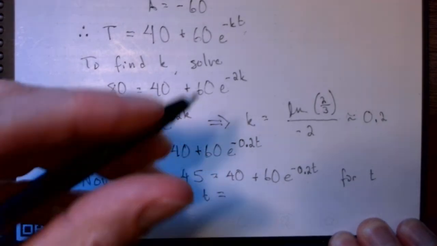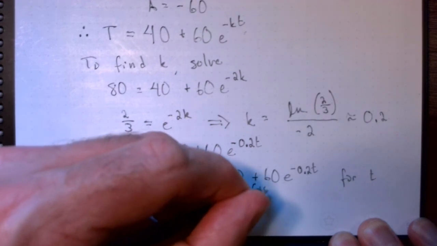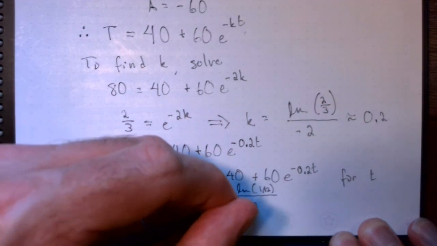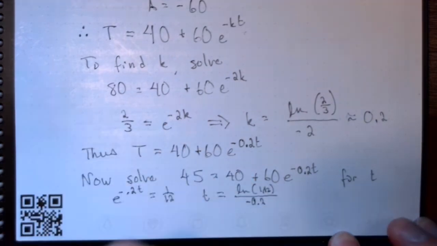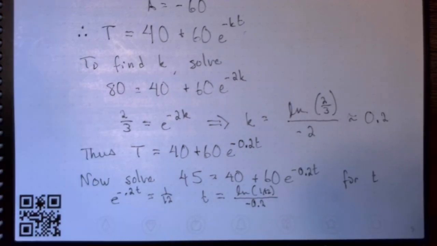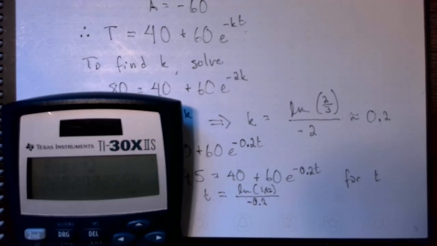And then we'll use logs. ln 1/12 divided by negative 0.2. Okay, once again calculating with my calculator.